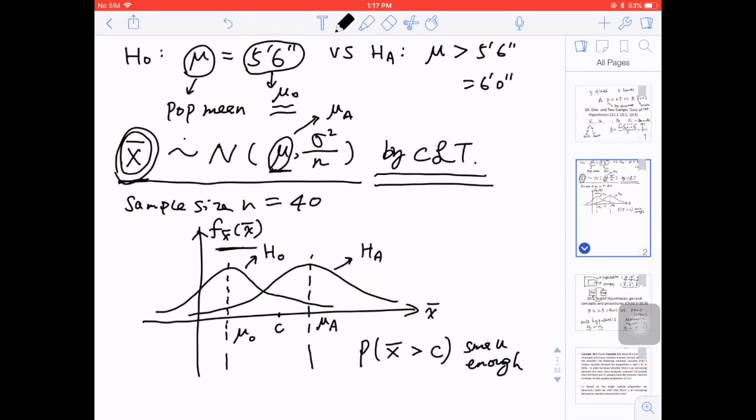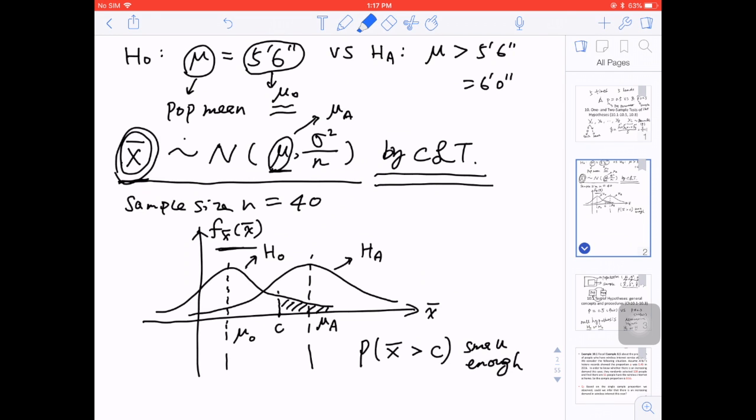It implies that this area is very small, right? So if this area is very small, it means the probability that x bar is larger than this critical value is super small, but if H0 is true.